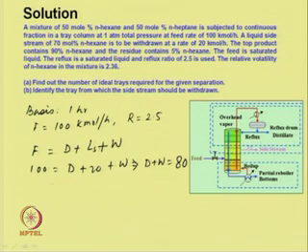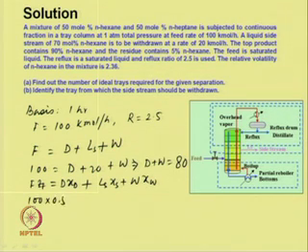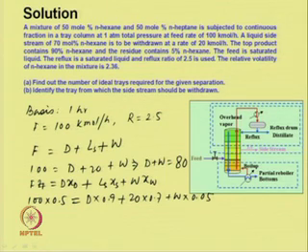Now, if you do the component material balance, F zF would be equal to D xD plus Ls xS plus W xW. 100 into 0.5 would be equal to D into 0.9 plus 20 into 0.7 plus W into 0.05.